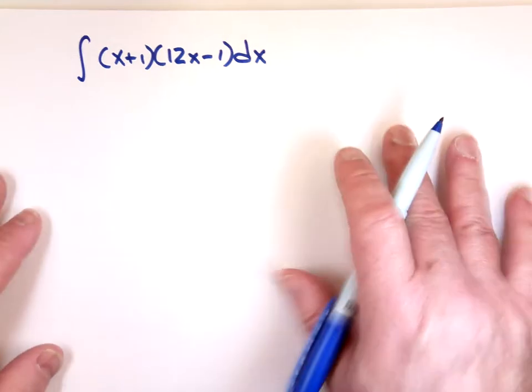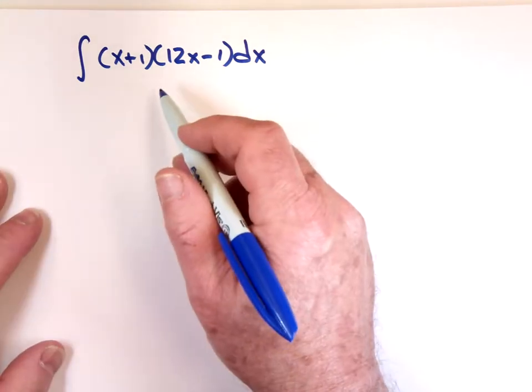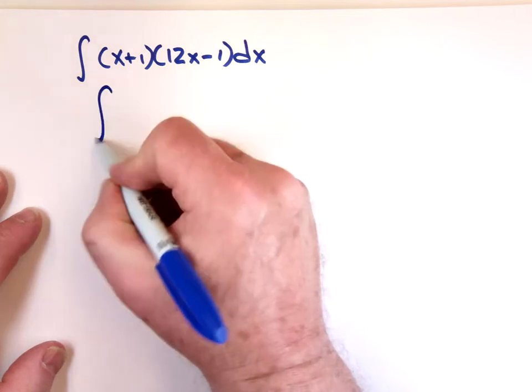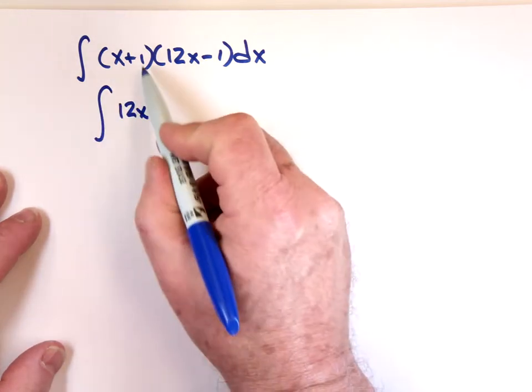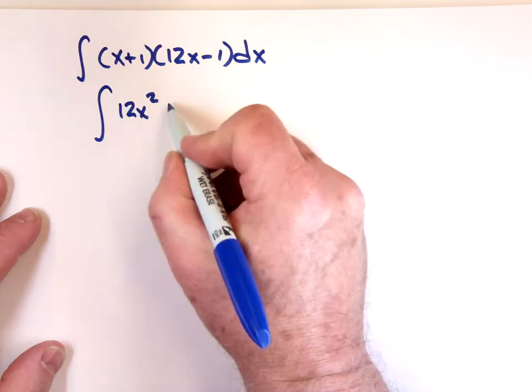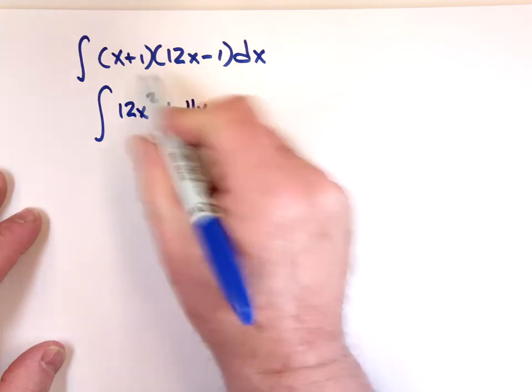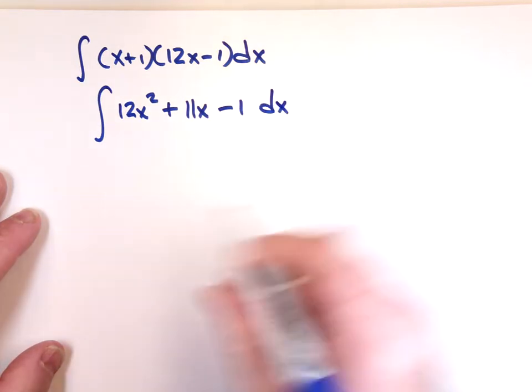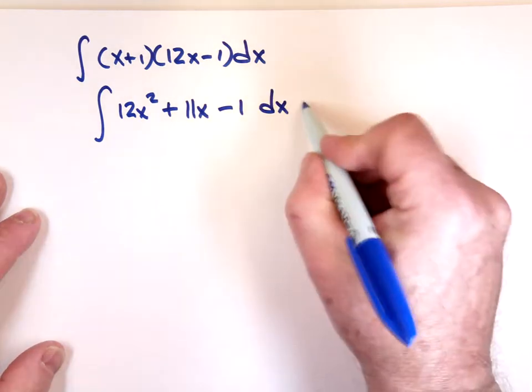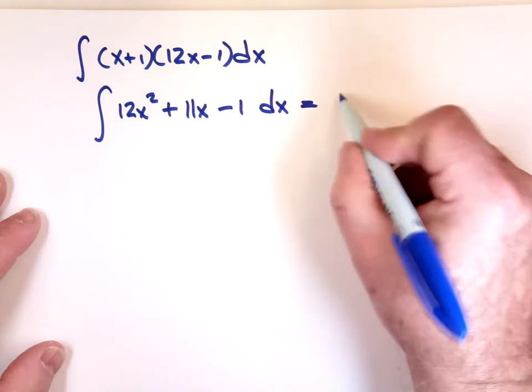What you're going to have to do with a problem like this is to multiply it out. 12x squared. You have a middle term plus 12x minus x minus 1. Use a FOIL thing here, okay? And now integrate term by term. 12x squared, the integral is 12x cubed over 3.